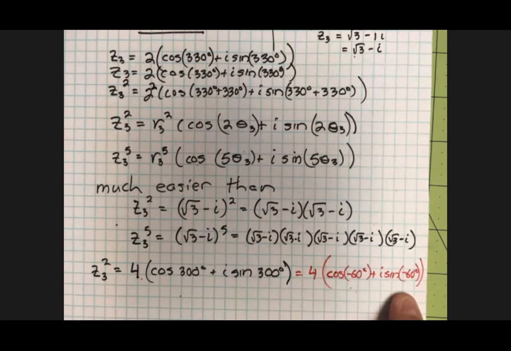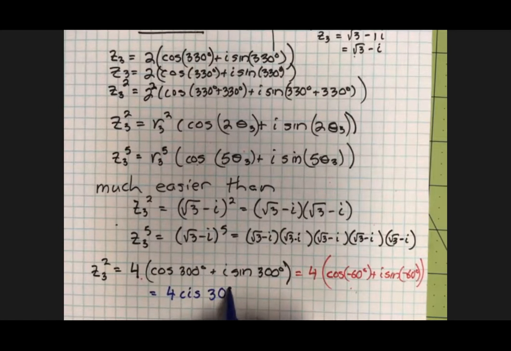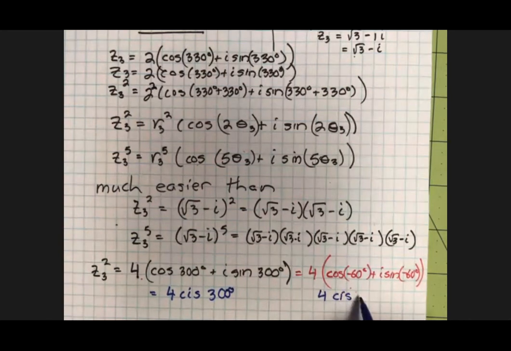Both of these multiply by 4. In the abbreviated notation, this is 4 cis 300 and this is 4 cis minus 60.